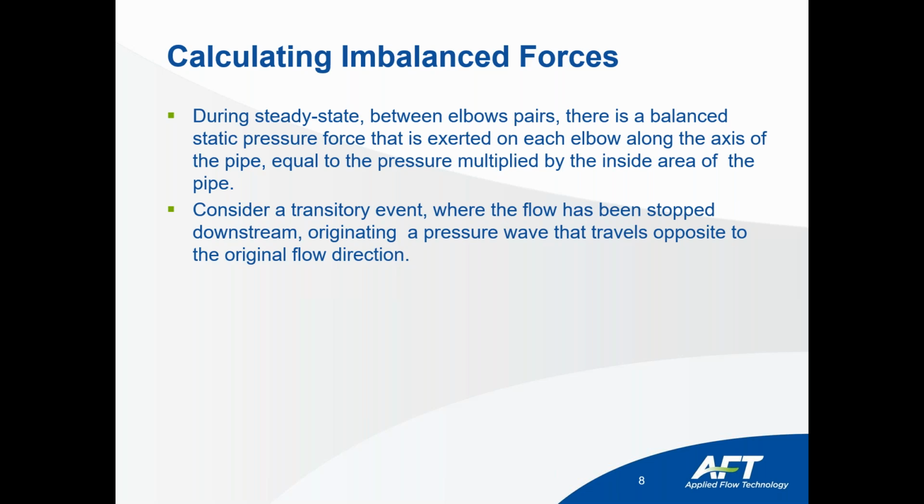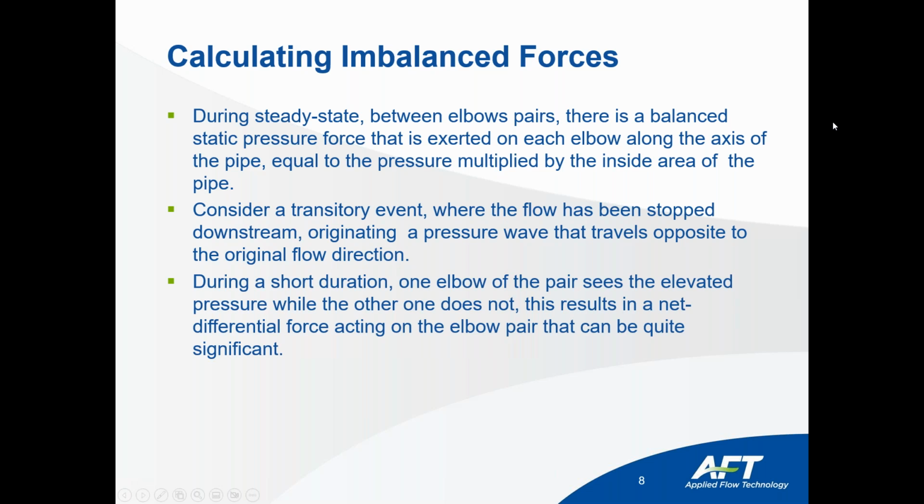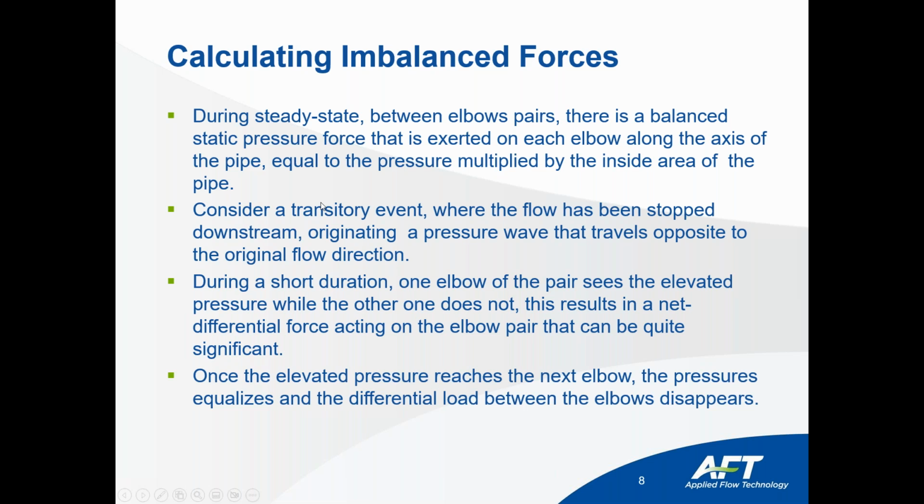This originates a pressure wave that travels opposite to the original flow direction. During a short duration, one elbow of the pair sees the elevated pressure while the other one does not. This results in a net differential force acting on the elbow pair that can be quite significant. Once the elevated pressure reaches the next elbow, the pressure equalizes and the differential load between the elbows disappears and it appears in the next section of the pipe.